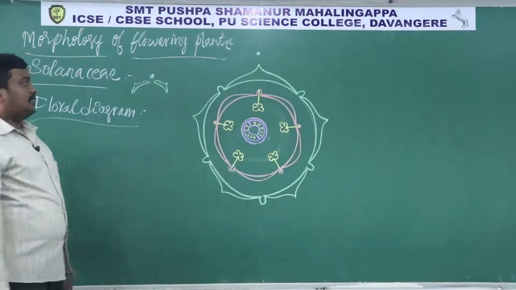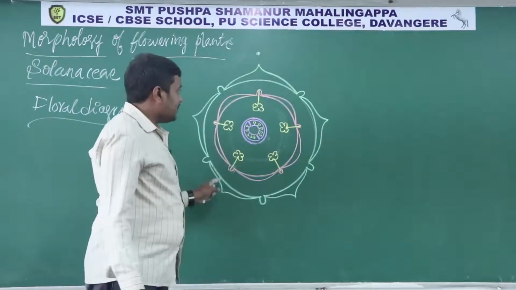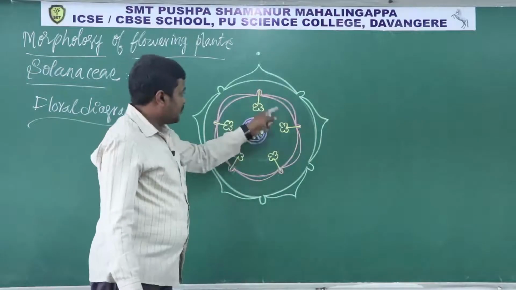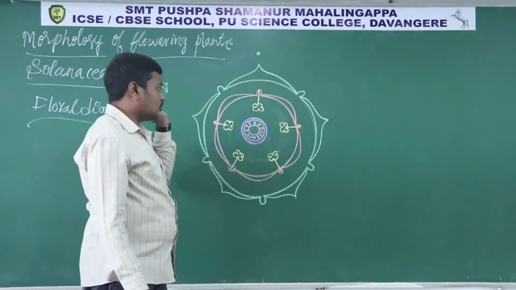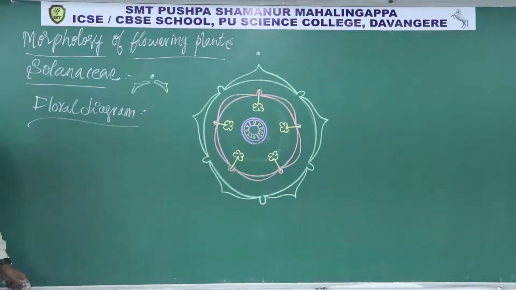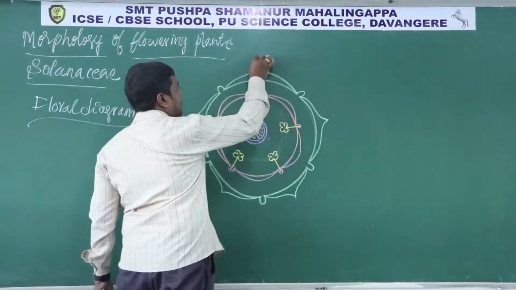So this is the ovary character. Okay, so outermost calyx, corolla, androecium and gynoecium. So outermost, second, third and fourth whorl. Okay, so this is about the floral diagram of the family Solanaceae.